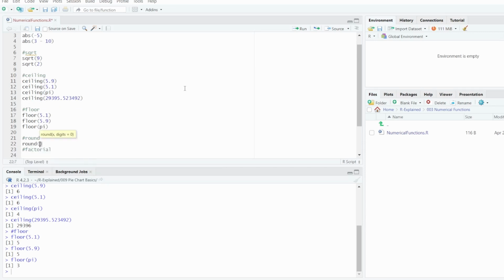But you can also use the round function. The round function allows you to enter a number and then the number of digits. So for example, we could say round pi to the first 2 digits.